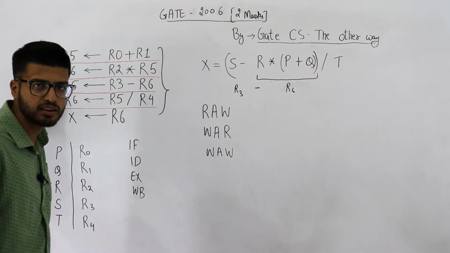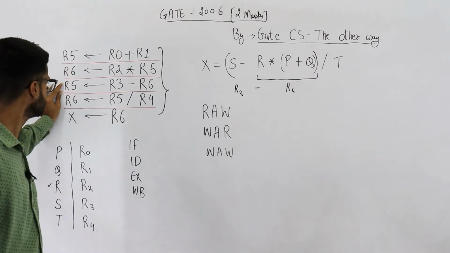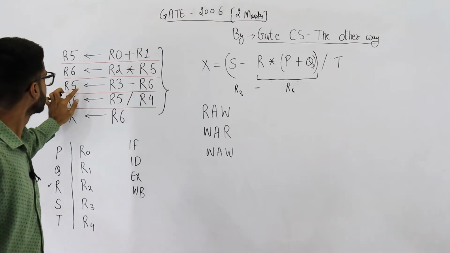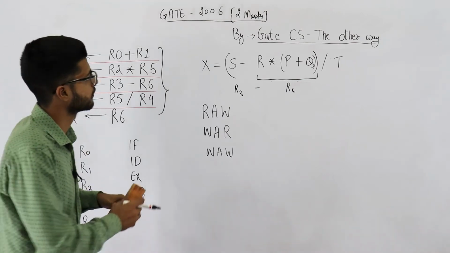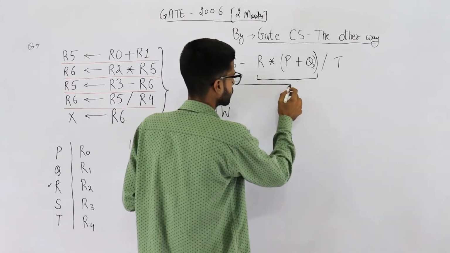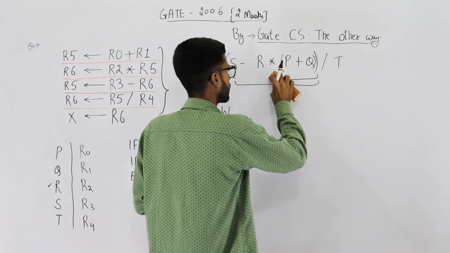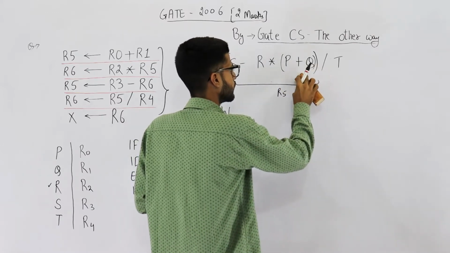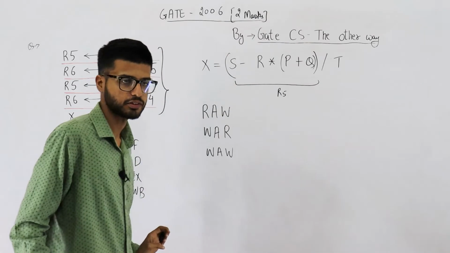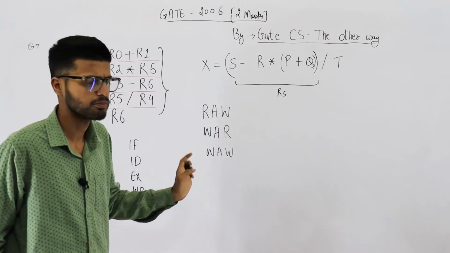We have already learned these things in compiler design. Now, this value R5 corresponds to this much part. Actually, this is not required for solving the question. The question is going to take maximum 1 minute.